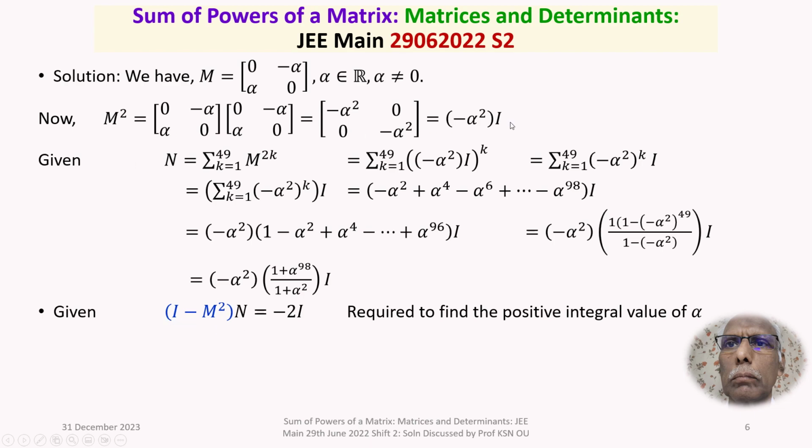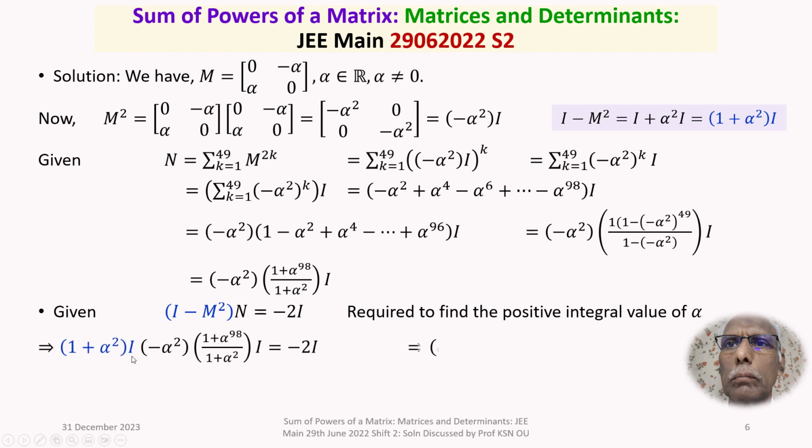It is I minus (minus alpha square I), that is plus alpha square I. So I is common: (1 plus alpha square) multiplied by I. So we write (1 plus alpha square) multiplied by I into N, which is the above one, minus alpha square into (1 plus alpha to the power of 98) by (1 plus alpha square) multiplied by the identity, is equal to minus 2I.